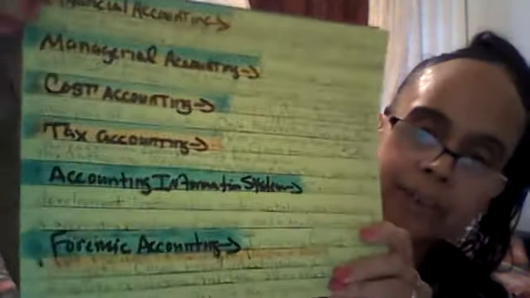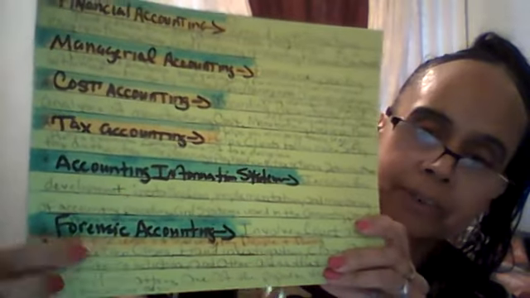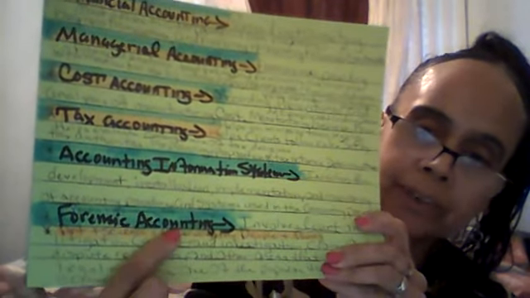So I think that was the last one. Yep, that was the last one. So financial accounting, in other words, this is very interesting information. This is just what I was writing it on. We have financial accounting, and see at the bottom, forensic. I was just reading up on forensic accounting.